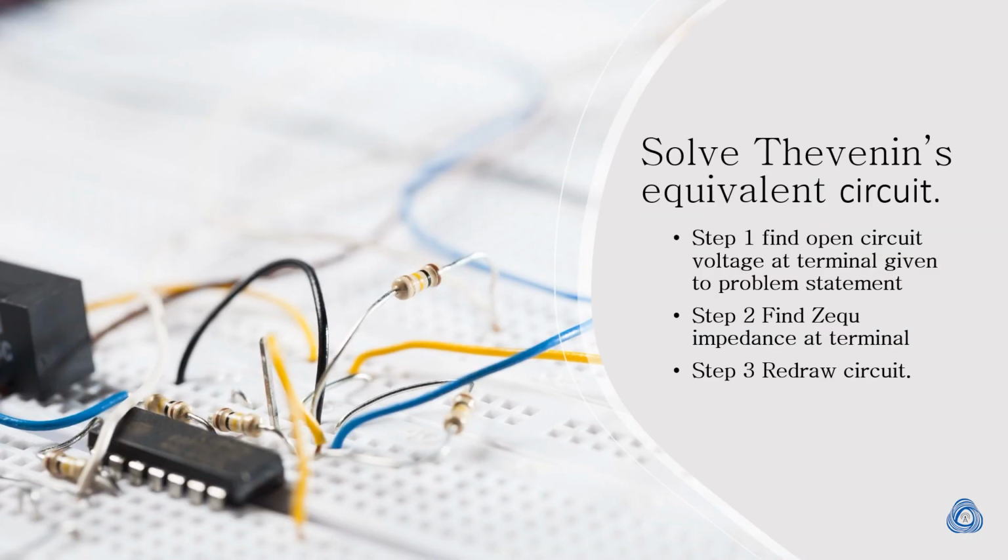So the first thing is, what are the steps to solve Thevenin's equivalent circuit? If you are not aware of the concept of Thevenin's equivalent circuit, then please refer to my previous videos. Those explain the Thevenin equivalent circuit and the basic steps we are going to follow.